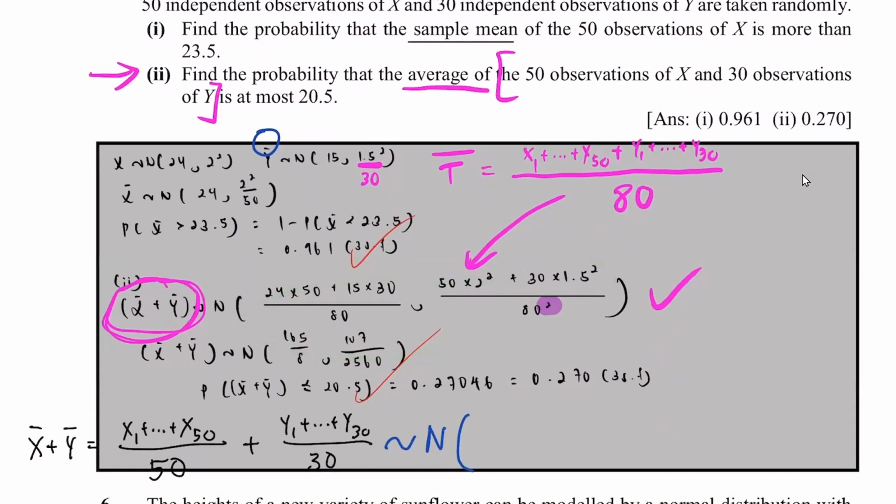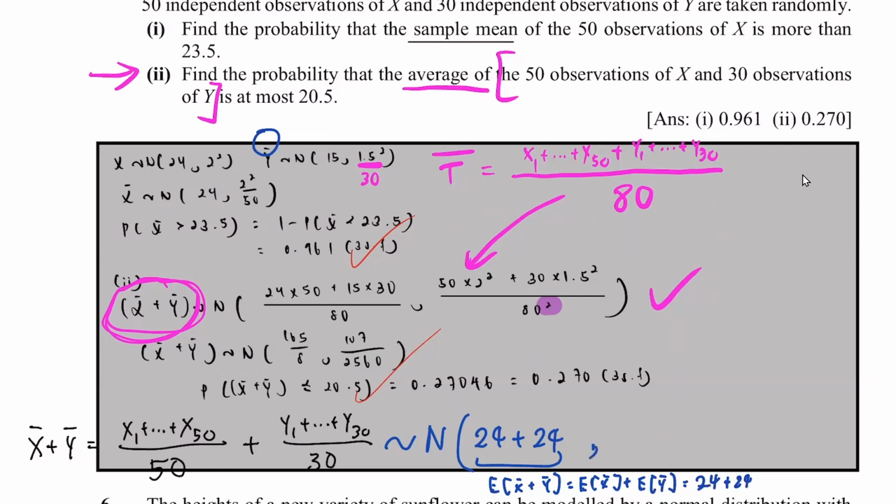But okay, if you wrote down x bar and y bar and I read it literally, it would be N of 24 plus 24. This is the expectation of x bar plus y bar, which equals the expectation of x bar plus the expectation of y bar, which is 24 plus 24.